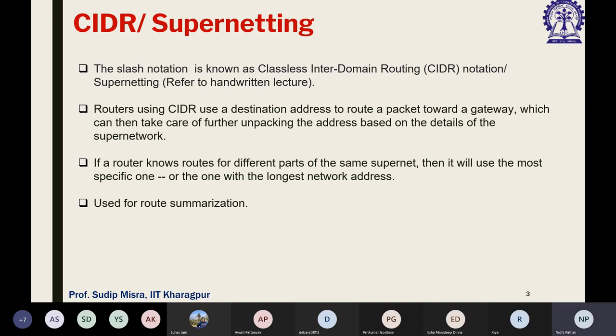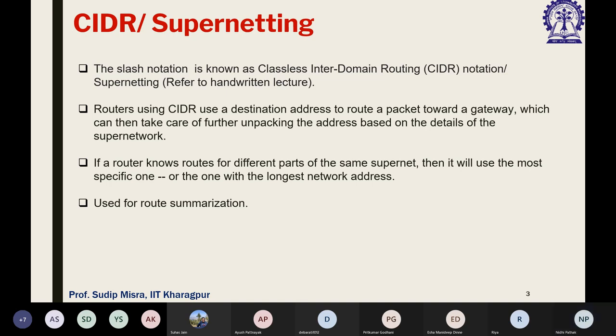Now the second rule is that all the networks should be of the same size, and that size should be a power of 2, 2 to the power n. So all networks should be of the same size. And the third rule is that the network ID should be divisible by the size of the block. By size of the block, what do we mean? The total number of IP addresses in that particular network.